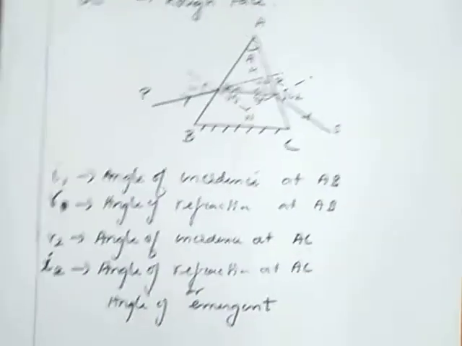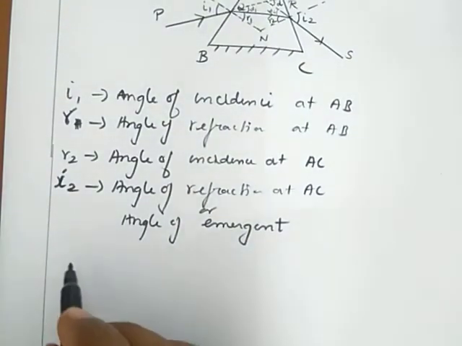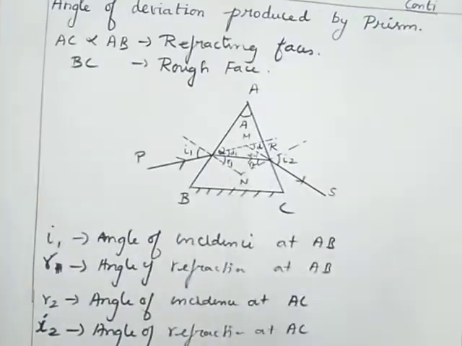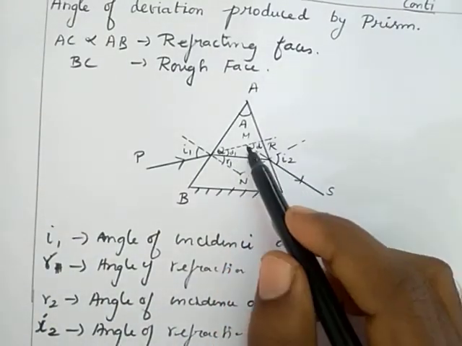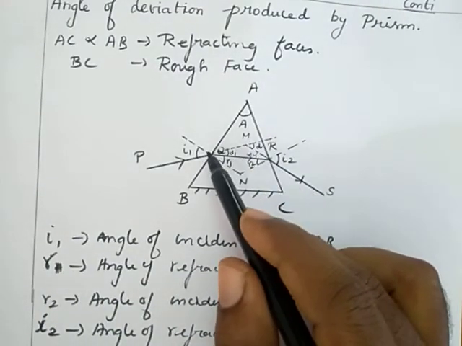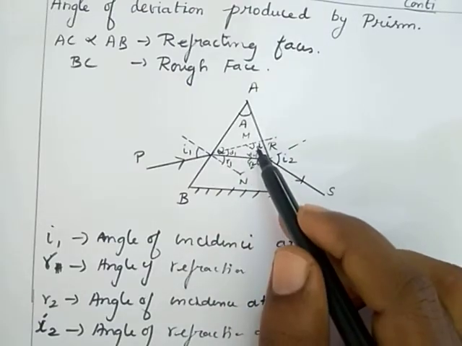Then we know the angle between the incident ray and the emergent ray is known as the angle of deviation.